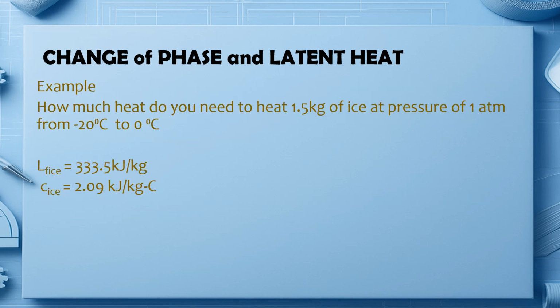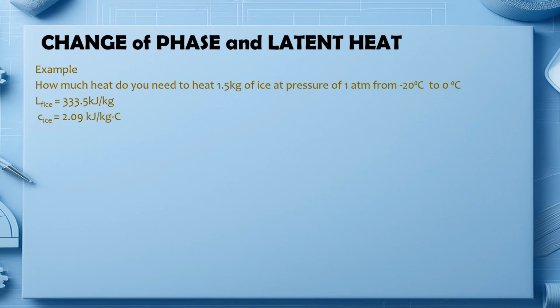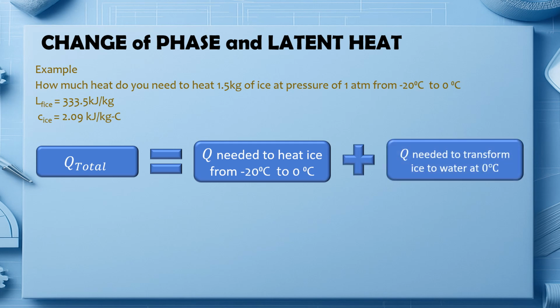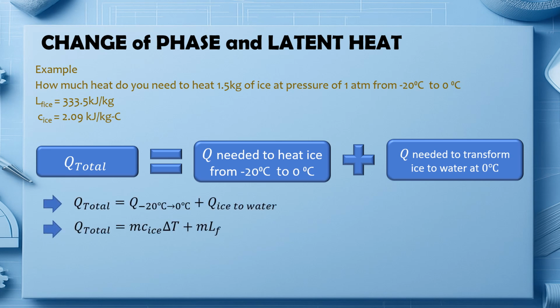For example, how much heat do you need to heat 1.5 kilograms of ice at a pressure of 180 atm from negative 20 degrees Celsius to 0 degrees Celsius? The Q total is the heat needed to heat the ice plus the heat needed to transform ice to water at 0 degrees Celsius.